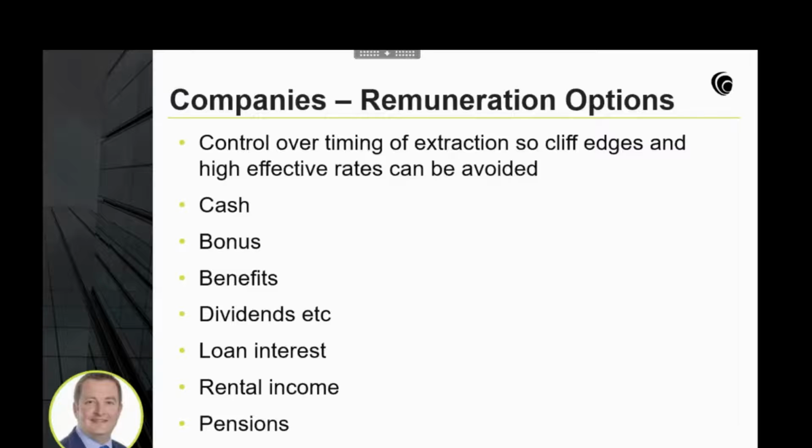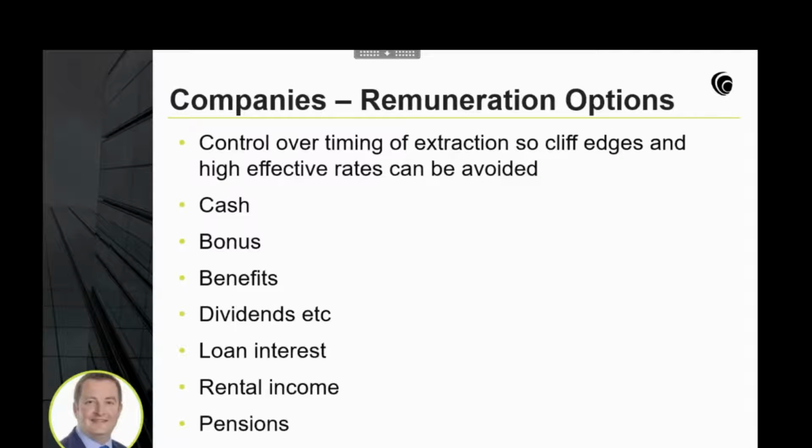So not all of these listed here are available to everyone. Firstly, though, a company offers control over the timing of extraction. So cliff edges and high effective tax rates can sometimes be avoided, i.e. it becomes easier to manage the level of your personal income as an owner-manager with a company than with an unincorporated entity.